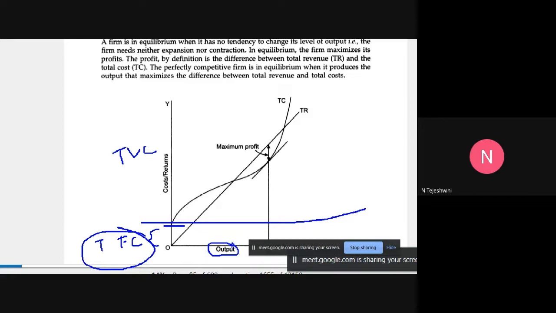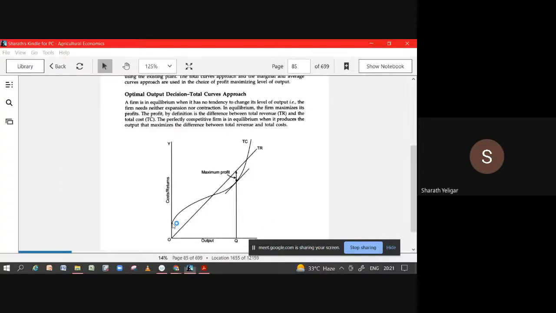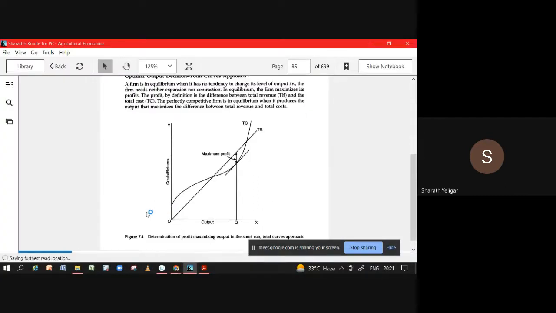Because cost is a function of output. Very good. That is the point. Cost is a function of output. Very good. So whatever we are doing, it's fruitful. Thanks, because that will give more energy to teach the next classes.